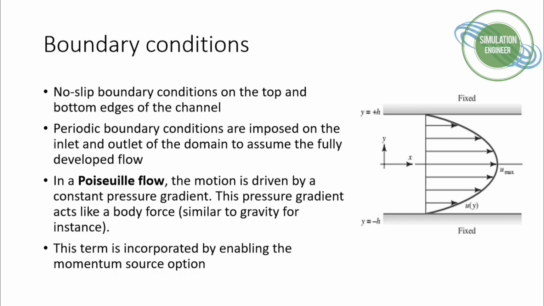As in a Poiseuille flow, the motion is actually driven by the constant pressure gradient. So this pressure gradient can also be introduced as a body force in your simulation. You can take it as an analogy, for example, to gravitation, and this term is incorporated by enabling the momentum source option in Star-CCM. I will also show you this later when I demonstrate it.